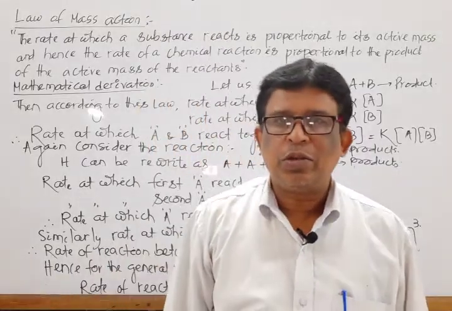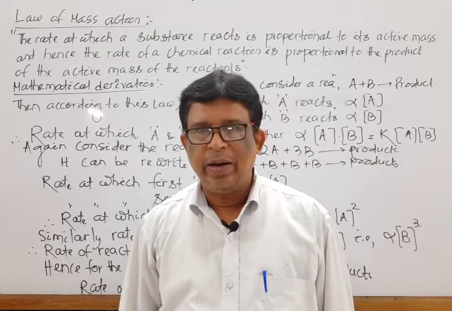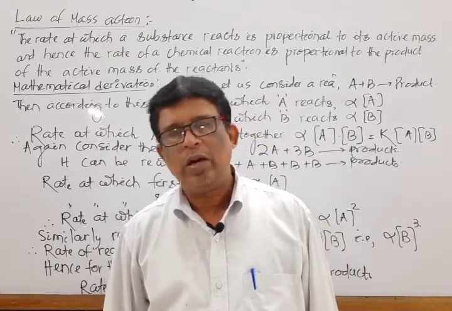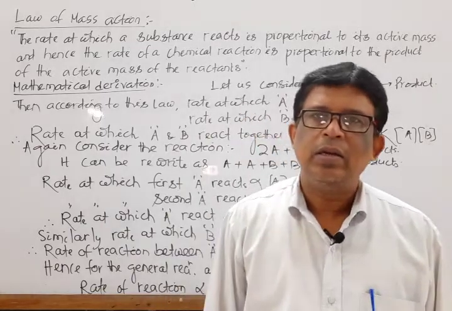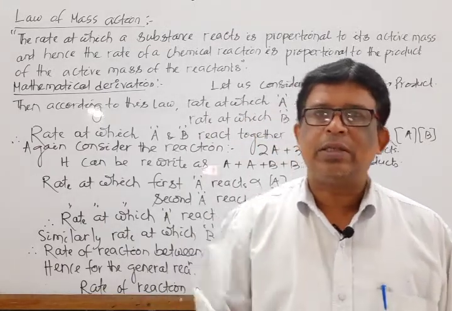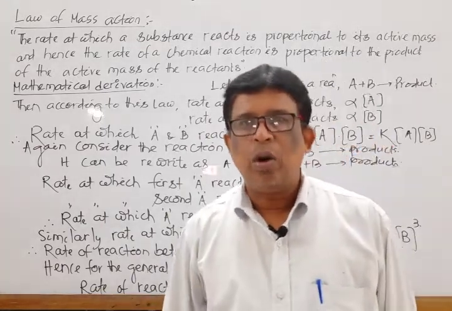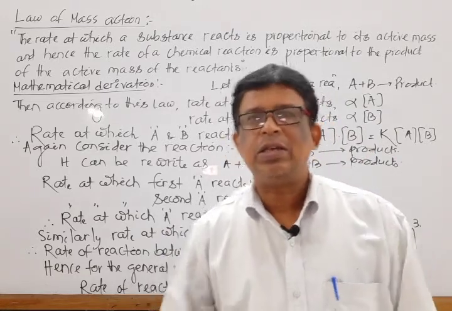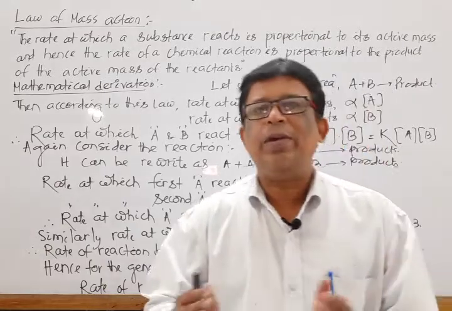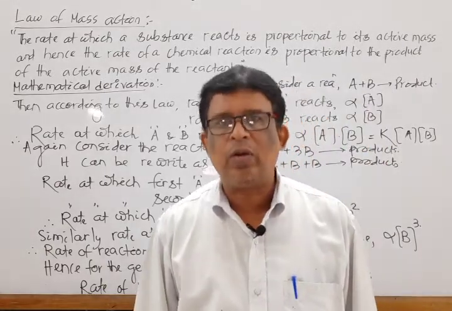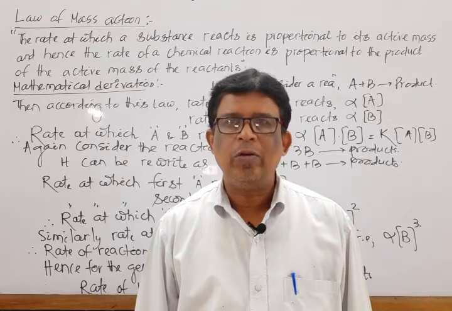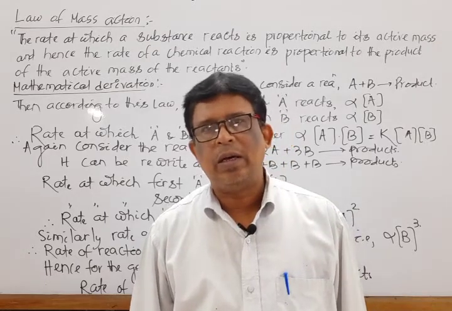Next, switch over to the important segment, that is the law of mass action. I already told this one. Two Norwegian chemists, Guldberg and Waage, gave a relationship between rate of reaction and molar concentration or active mass, and that is known as the law of mass action.